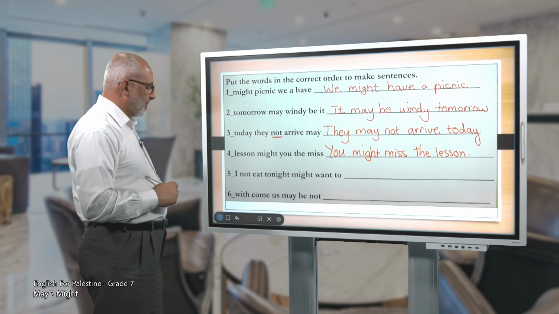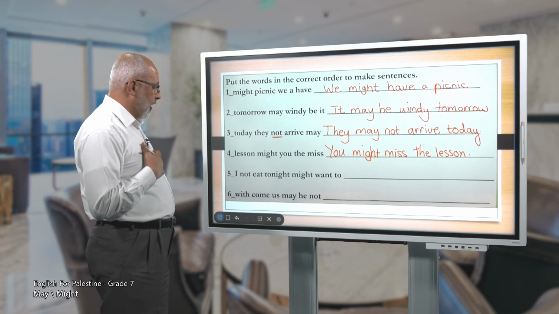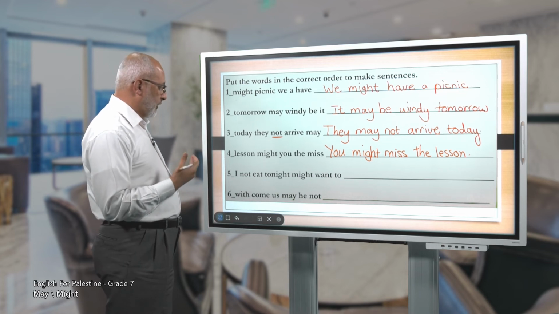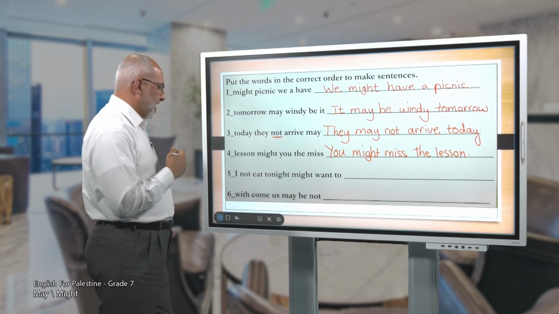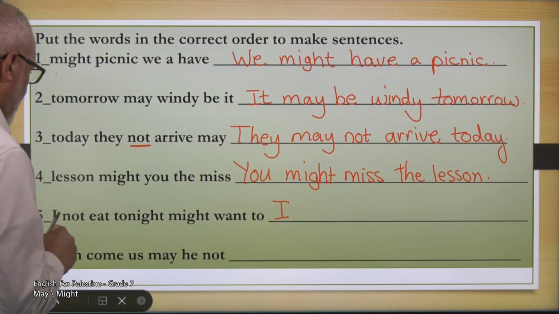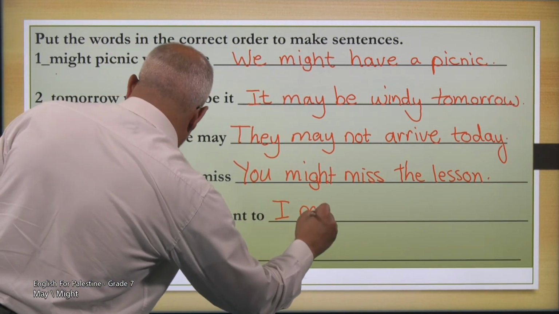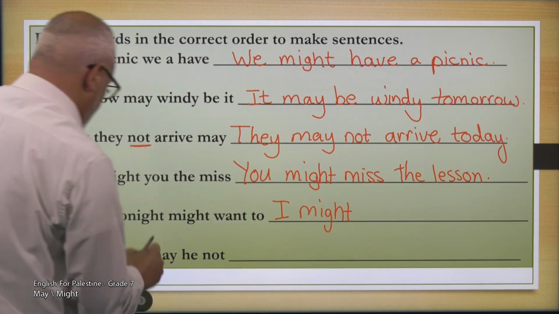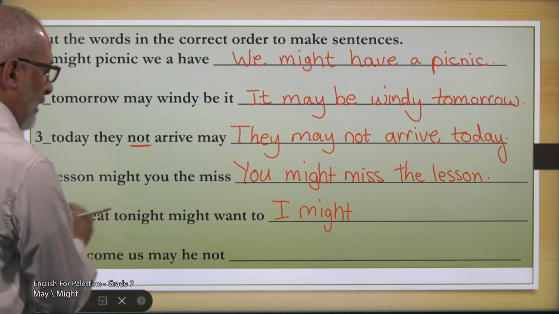Number 5. I not eat tonight, might want to. Yes, the subject is I, might. Of course, we have here not.